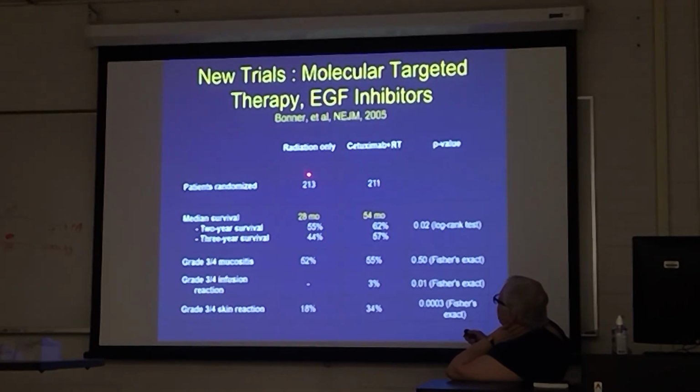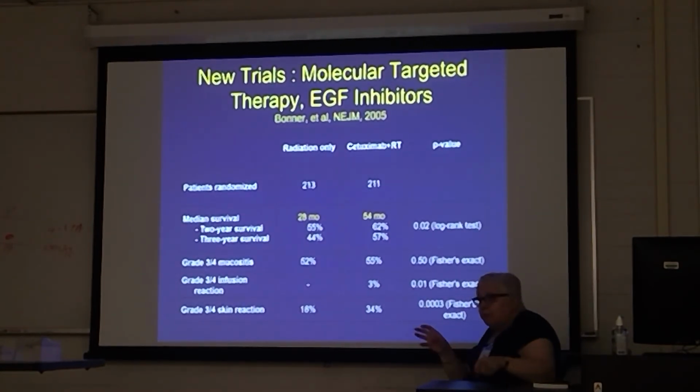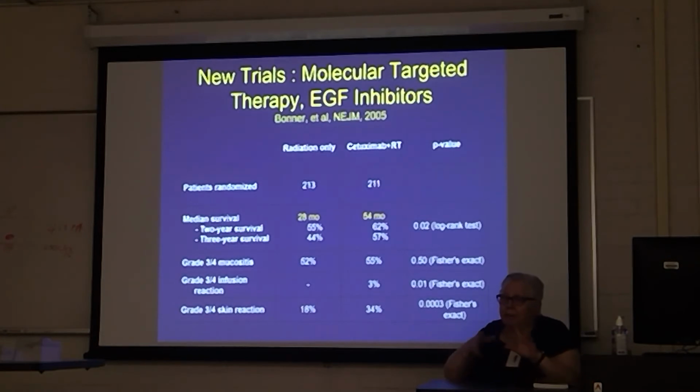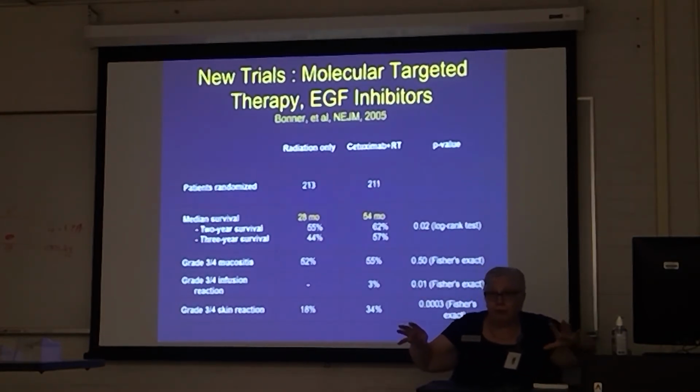And we've got 213 patients versus 211, and they're randomized. So the patient doesn't do it, but the physician does. There's a big tub, if you can imagine a big tub of numbers, and each patient has a number.